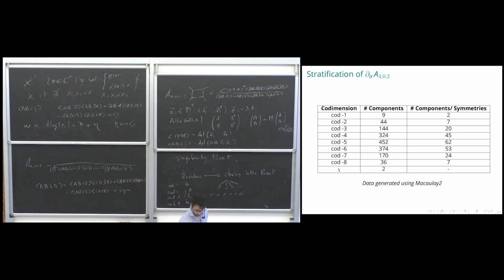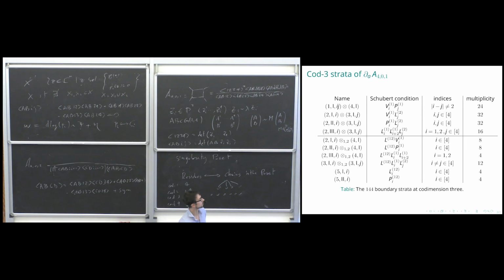I just want to show you one of these levels in the stratification. This is codimension three, and this is because it's the first time that something new appears, and you can see the first boundaries that were missed in the previous analysis.